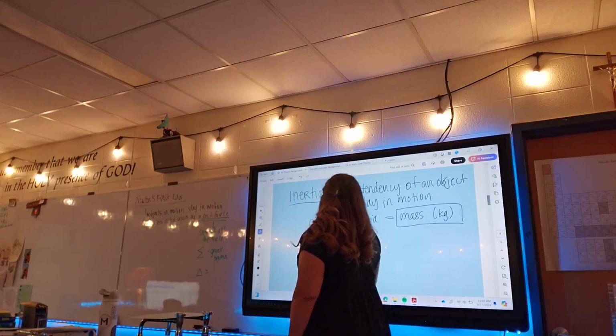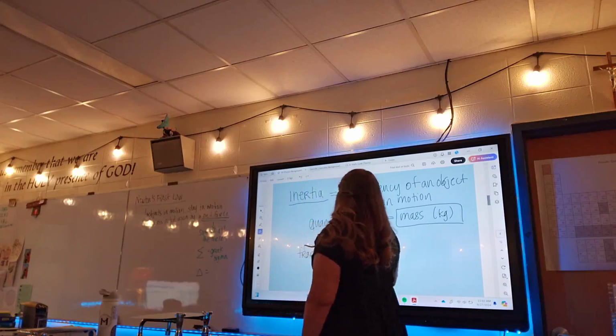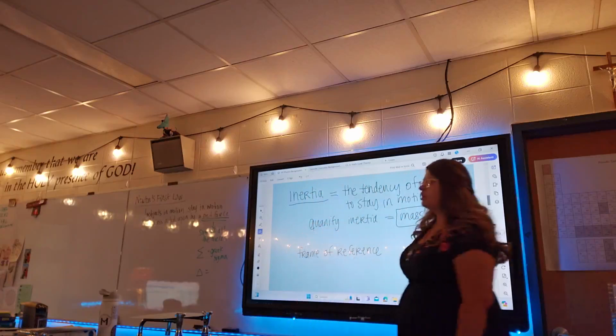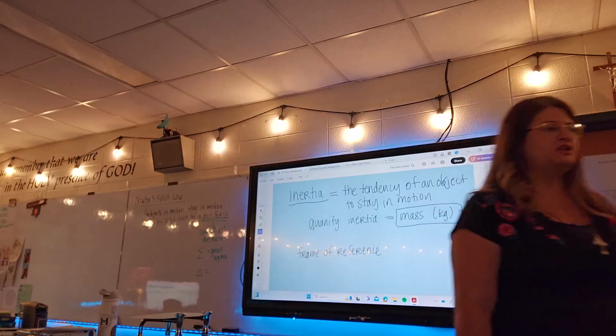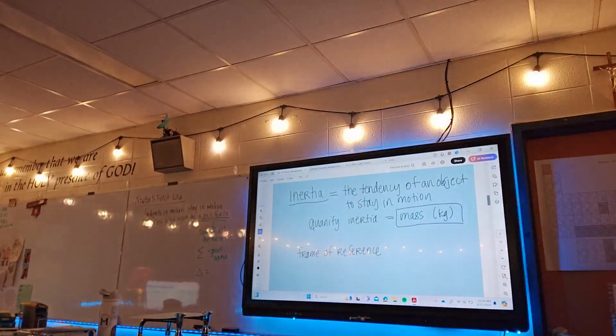Your frame of reference is also important. If you're in a car for a long period of time, you stop noticing being in a car. If you're on an airplane, you stop noticing that you're on an airplane because your body becomes acclimatized to the motion that's happening.